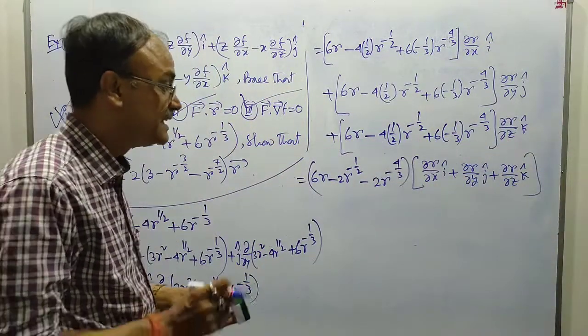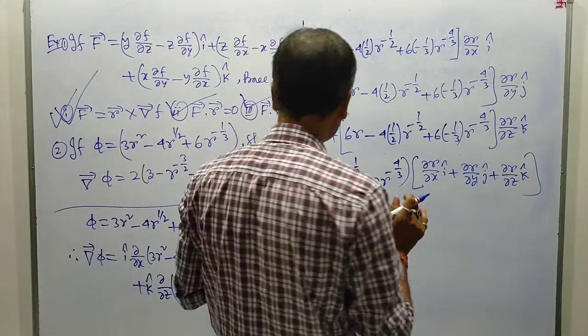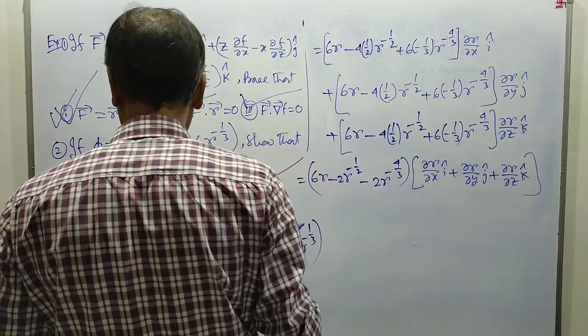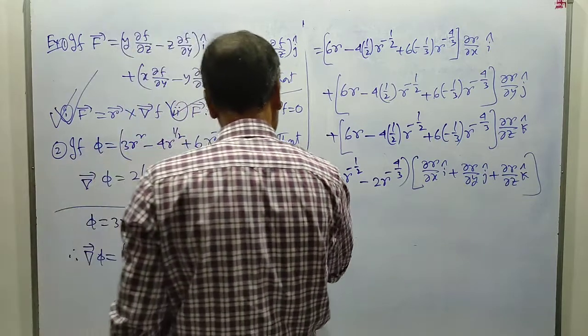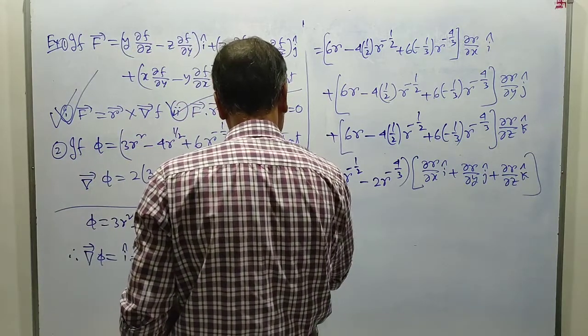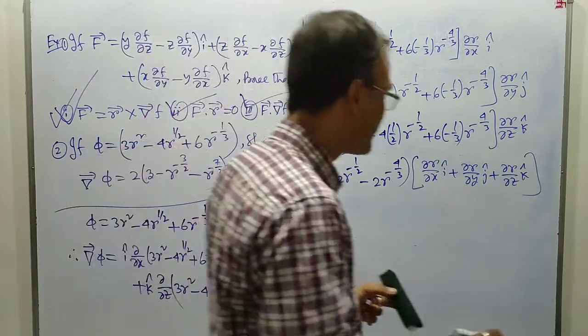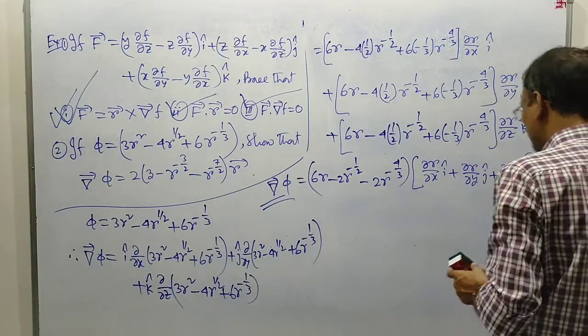Like this. Now you see, it is gradient of phi. Gradient of phi equals this. You may write it as number 1.